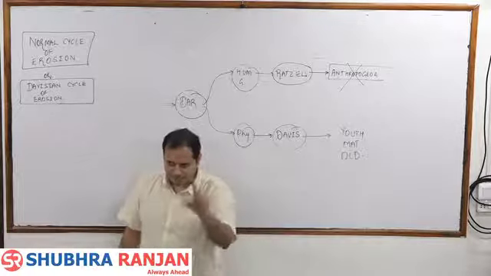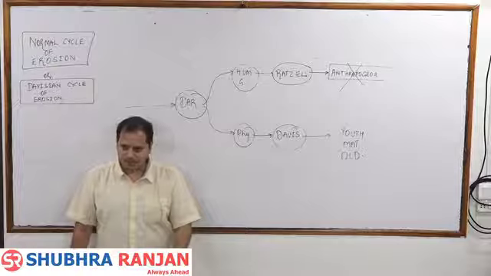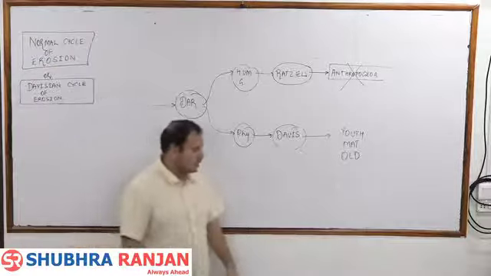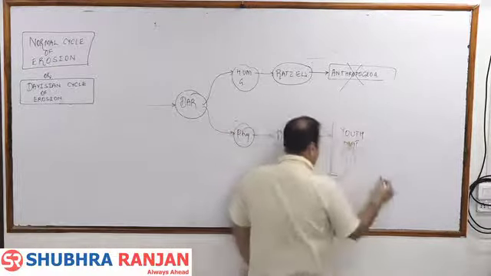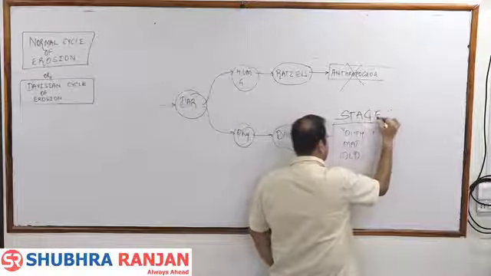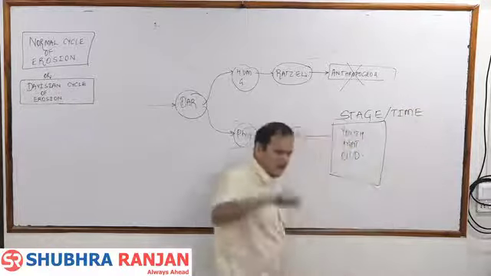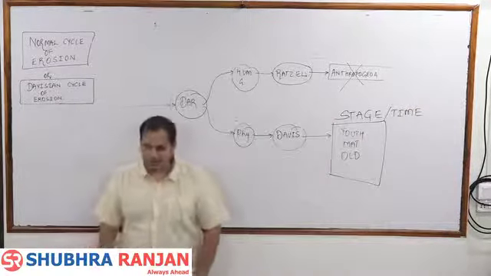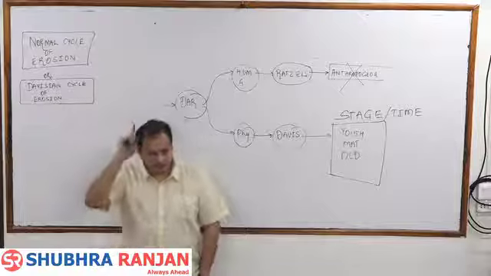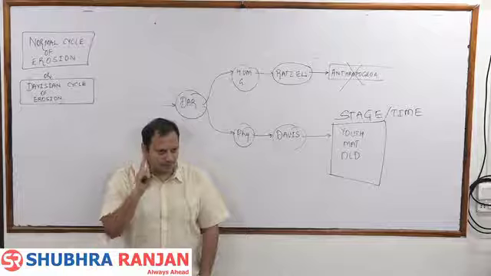What was given by Darwin was taken up by Davis in his youth, mature and old age. So these three things is what Davis calls as stage or time. उसने कहा हर लैंडफॉर्म इन तीन में से जाएगा, स्टेज और टाइम में से. Means every landform will be passing through youthful stage, mature stage and old age.